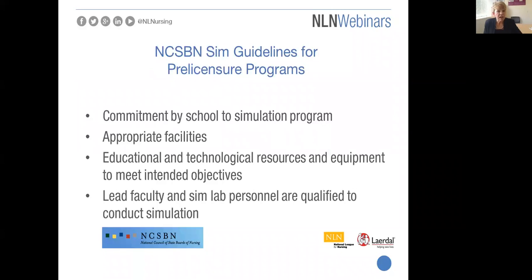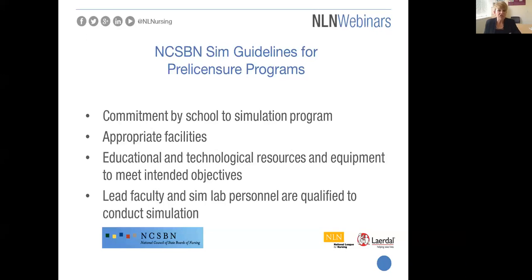Part of those guidelines require that schools commit to simulation in a way that there is a strategic alignment from the dean on down, that people are engaged and they want to get the best out of the use of simulation. So, a commitment by schools to support bringing in good simulation practices, and that there be appropriate facilities. If they're going to be substituting simulation for clinical, it should be done in a facility that can provide the best contextual learning for the students.